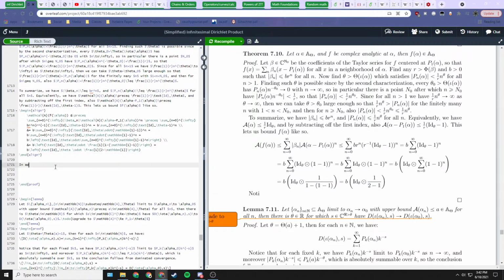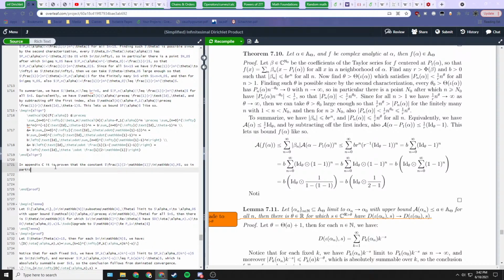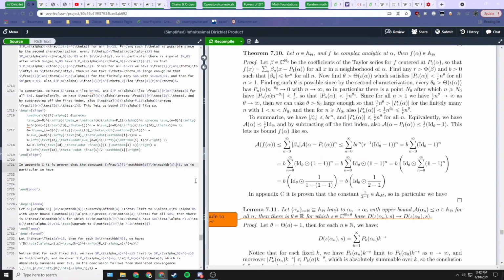So in Appendix C, it is proven that the constant 1 over 2 minus bold 1 is in A sub theta. Sorry, not A sub n, this should be A sub theta.